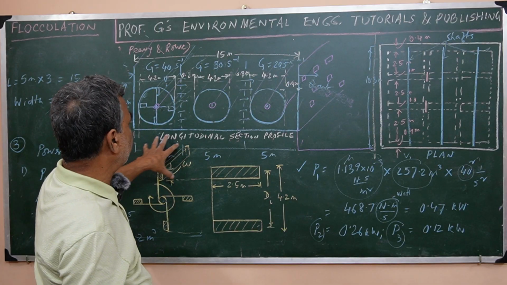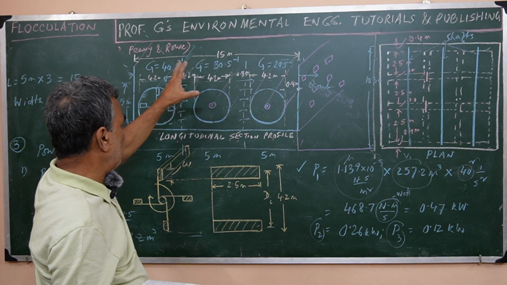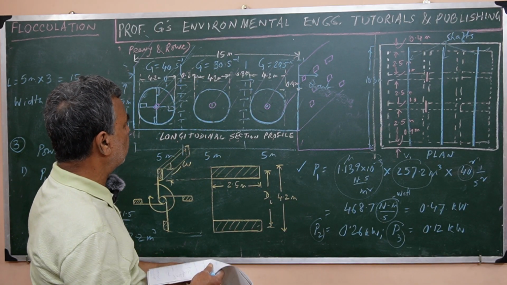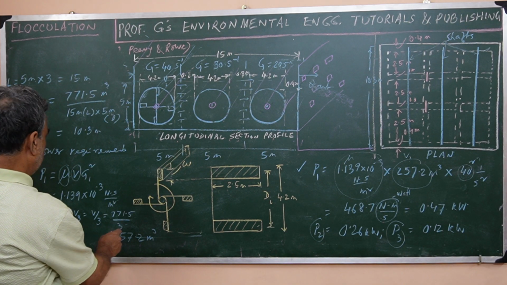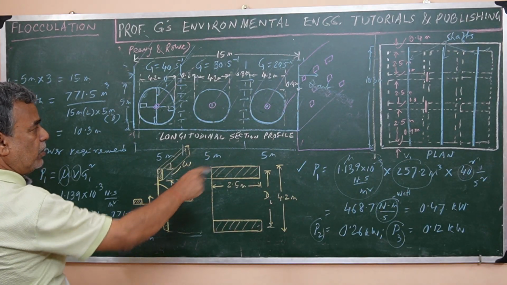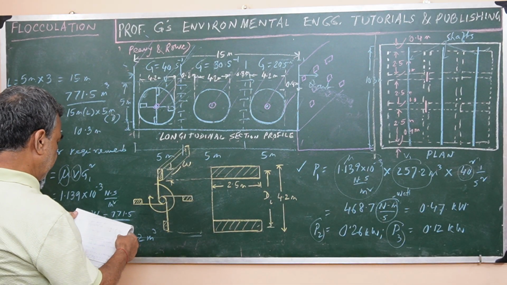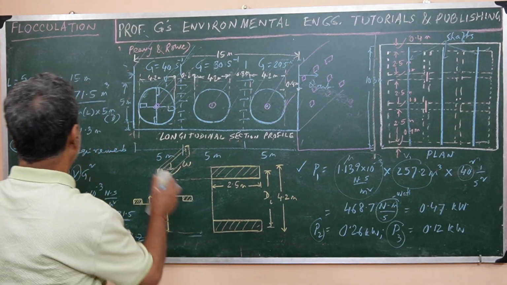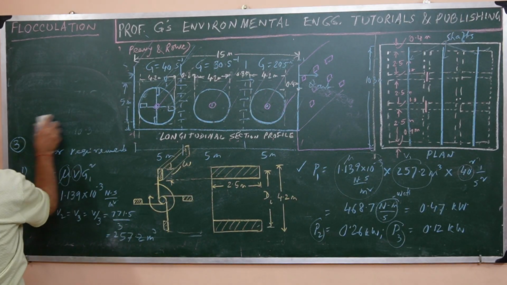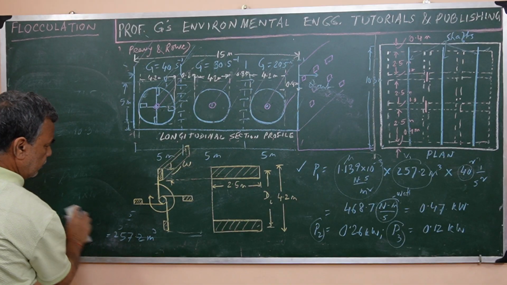Then for each compartment the volume will be 1/3 of that. So we have calculated V1, V2, and power. Now pedal configurations, see the pedal configurations.